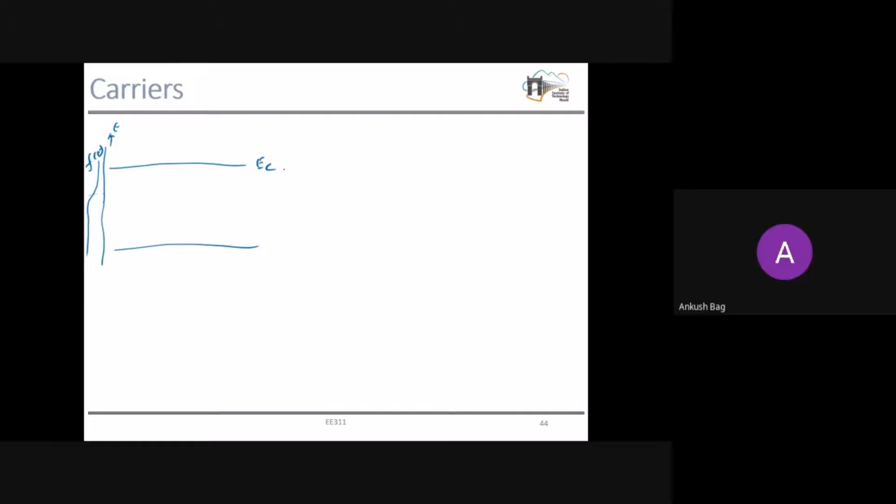This is your EC. Now you can understand this is your Fermi level EF.